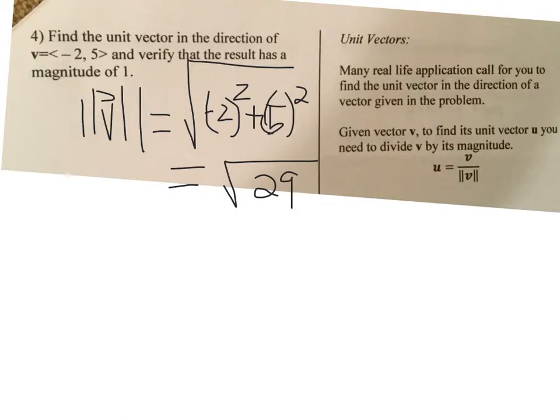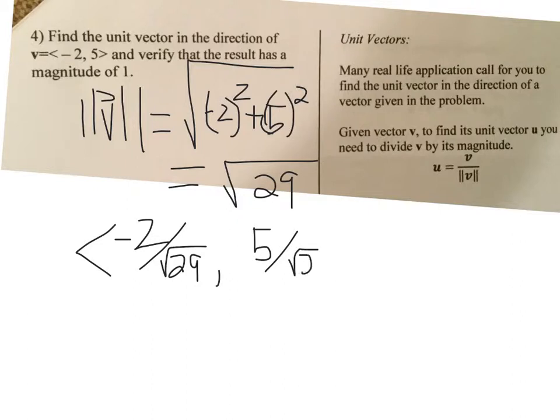Now that I know the magnitude, I'm going to divide both pieces of vector v by this magnitude. So my unit vector is going to be negative 2 over the square root of 29, comma, 5 over the square root of 29. That's my new unit vector. The only thing we could do is rationalize this.